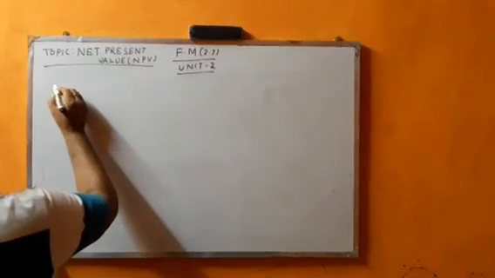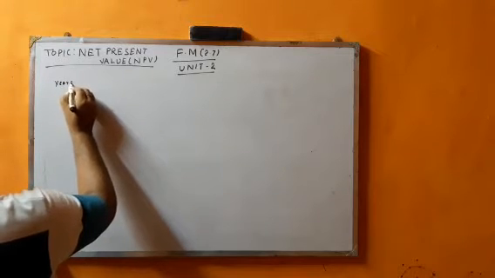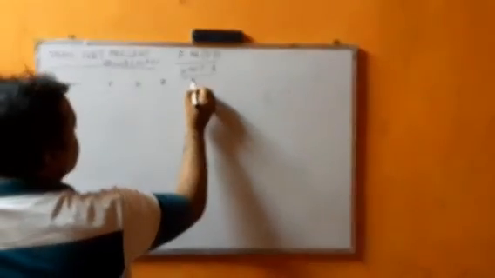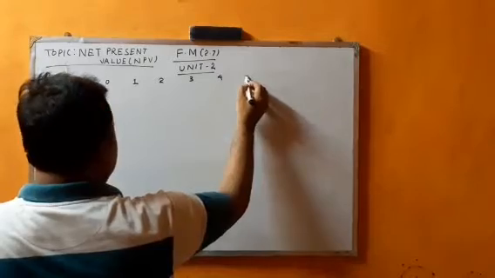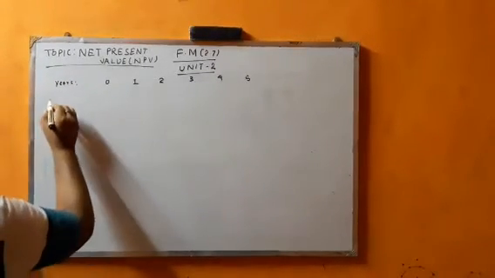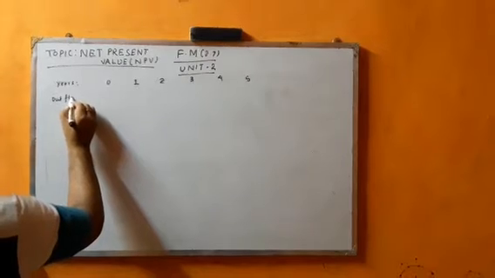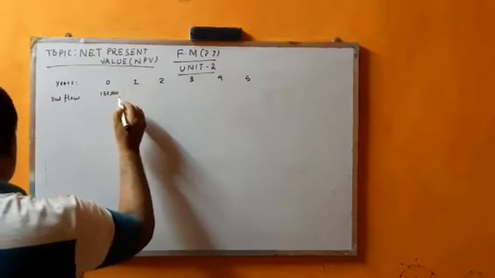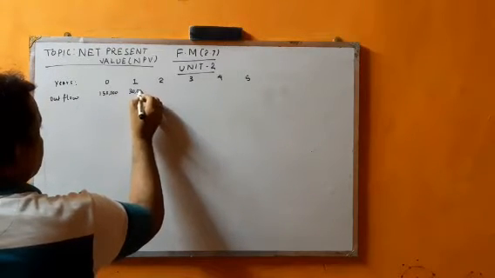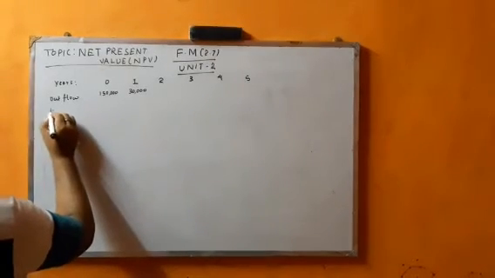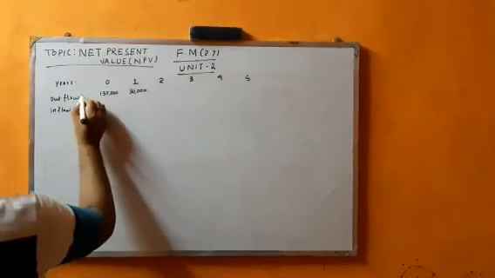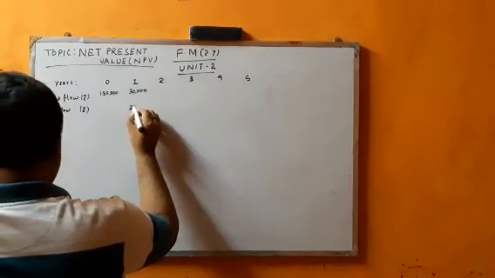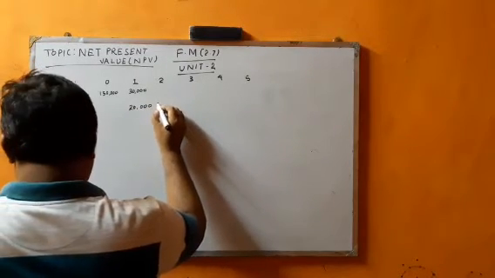One problem I am giving here. Years: 0, 1, 2, 3, 4 and 5. Then outflow is 1,50,000, then 30,000.